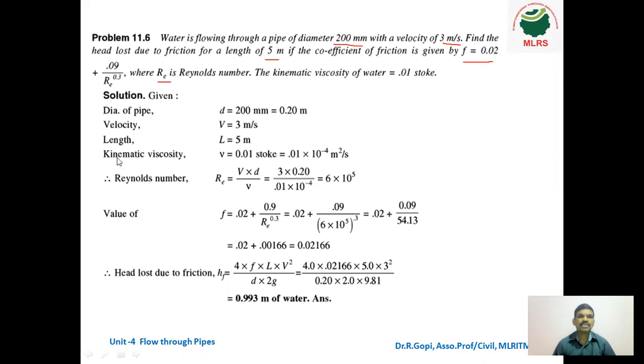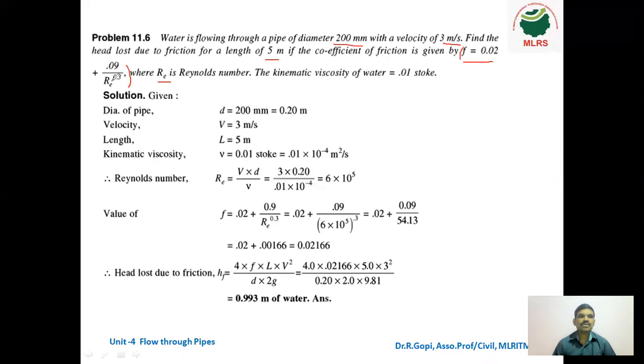So students, here you can see, normally based on the Reynolds number only we have to find the coefficient of friction. But in this problem, they directly gave the formula for calculating the coefficient of friction.